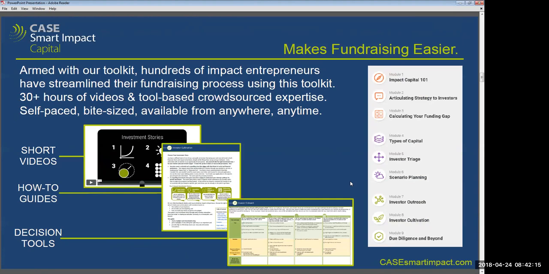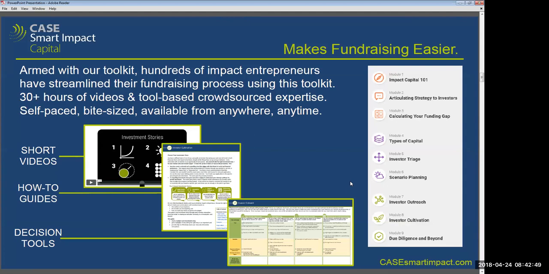So we created this toolkit. It's completely online. It contains short videos, compact how-to guides, and decision tools. Our goal from the very beginning was not to do a course where you have to sit through weeks and weeks of material, but to allow an entrepreneur who's trying to get something done to go in and quickly ask: what are the rules of the road that I might not be aware of? What are the things I need to understand? And then how do I make a decision that will allow me to get to the next step?